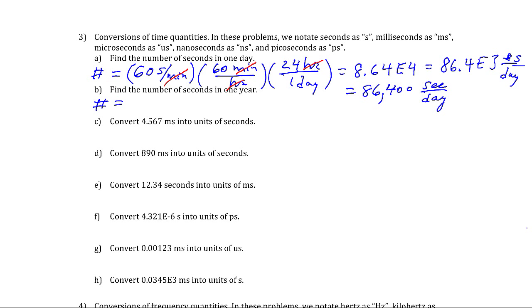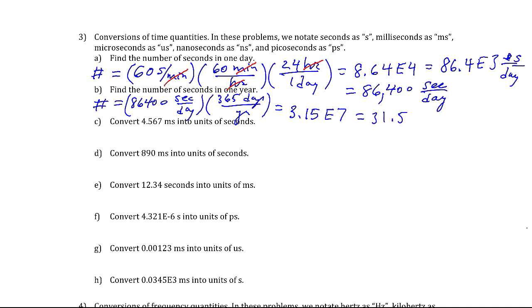I already have the seconds in a day, 86,400 seconds per day, and I just multiply that by 365 days per year, and I'm going to get, okay, this is 3.15 times 10 to the 7th seconds in a year, or 31.5 times 10 to the 6th seconds per year.